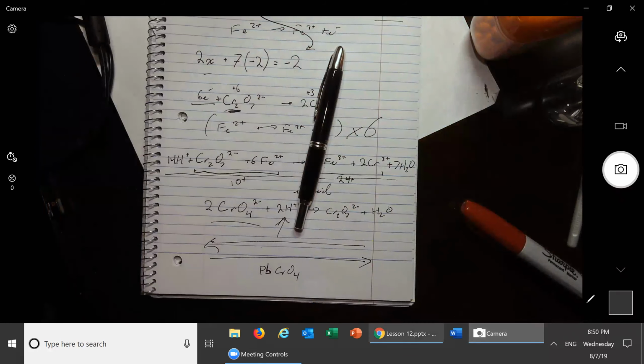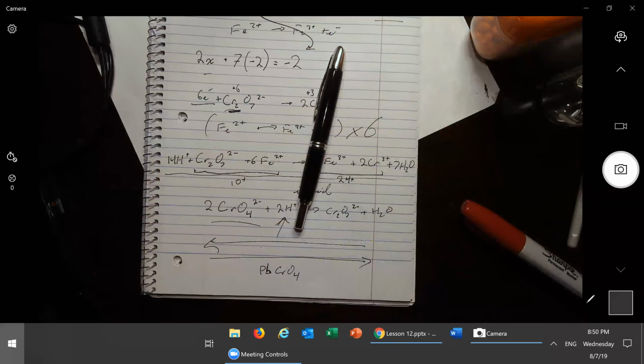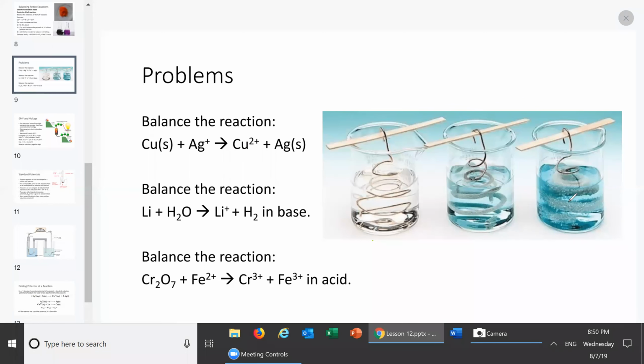And you might notice that it goes from colorless to blue, and that's because the copper 2 plus ion is blue.